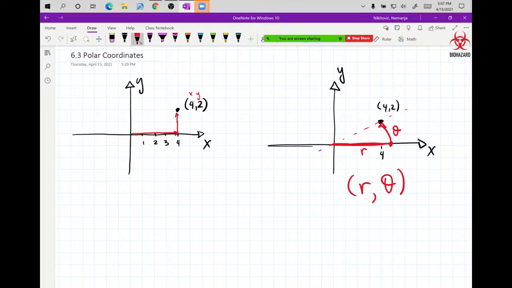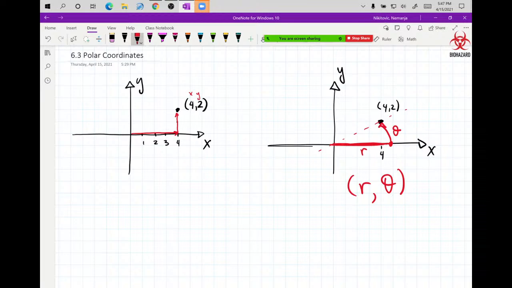I don't know yet how far we went out with r, and I don't know how far we swing with theta, but at least we see that it's possible to get there using this new weird way.